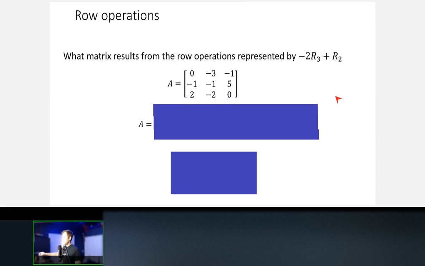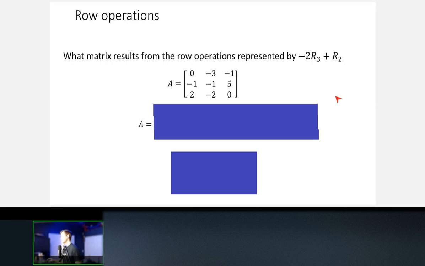So which rows do not change? Isabella says row 2 is the one that changes. So Isabella, how do we know that row 2 is the one that changes?